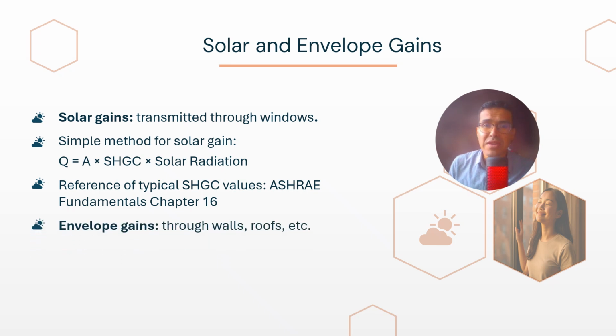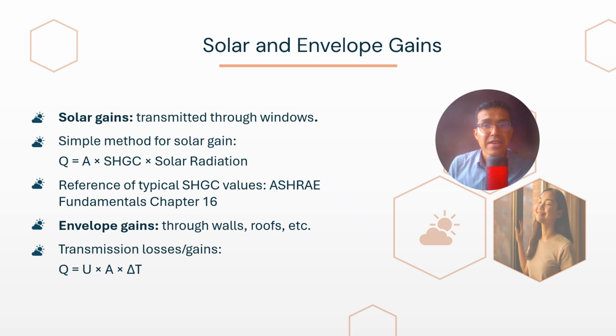Heat also transfers through walls, roof, and glass by conduction. This is calculated with this formula, where U is the thermal transmittance of the wall, A is the surface area, and delta T is the temperature difference. These are foundational to understanding building load.